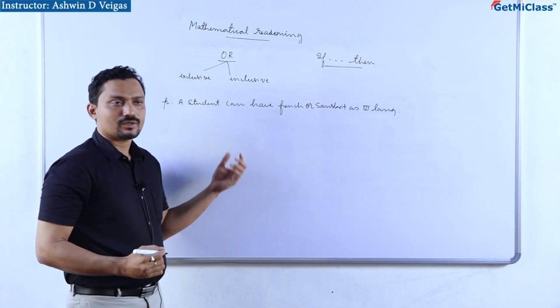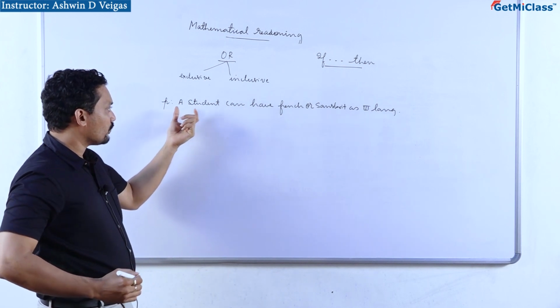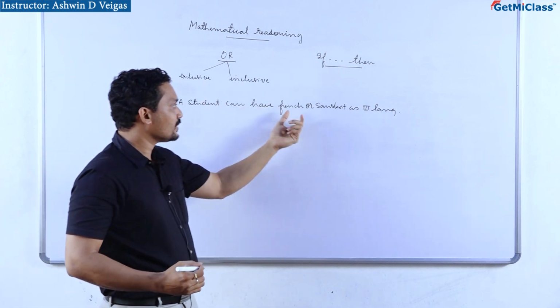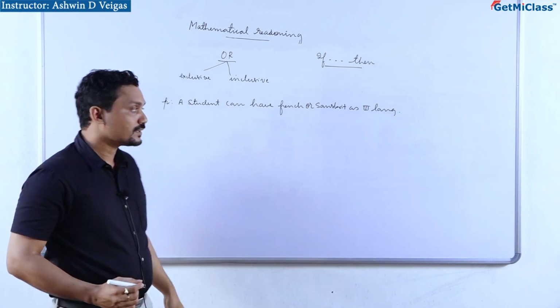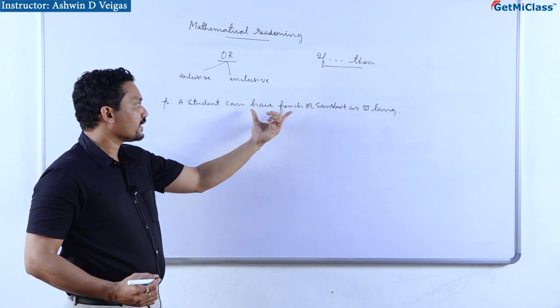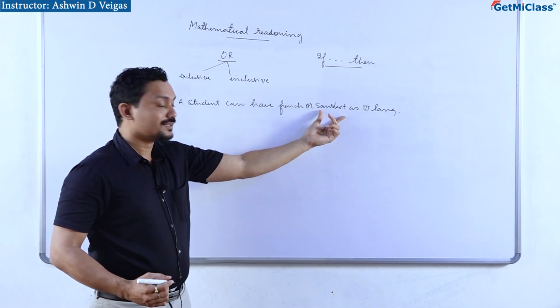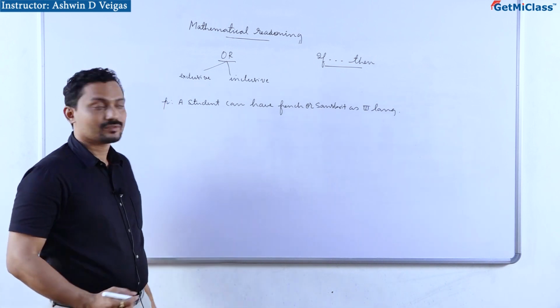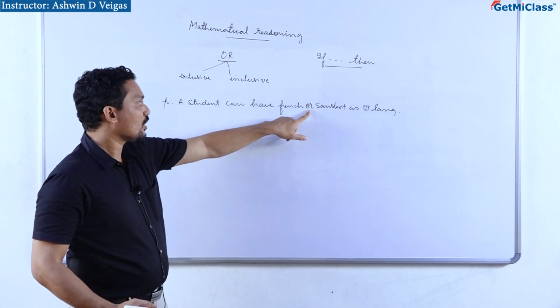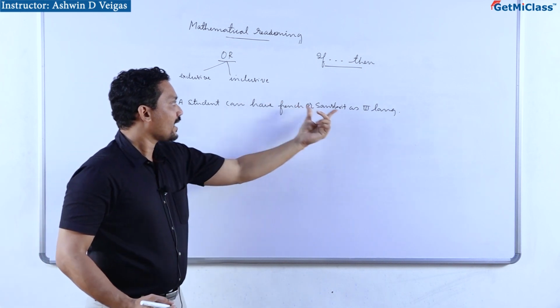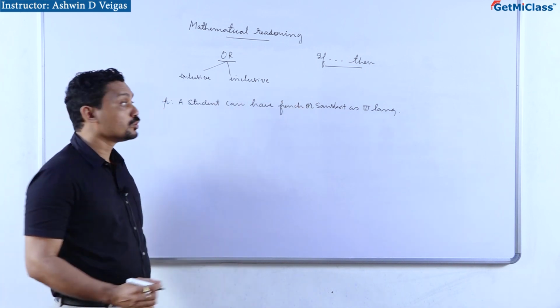Now, in this case what can happen is, when we say a student can have French or Sanskrit as third language, that means he can either take French or Sanskrit, but he cannot take both. It is very clear. So, this or, when both cannot happen, is called as the exclusive or.